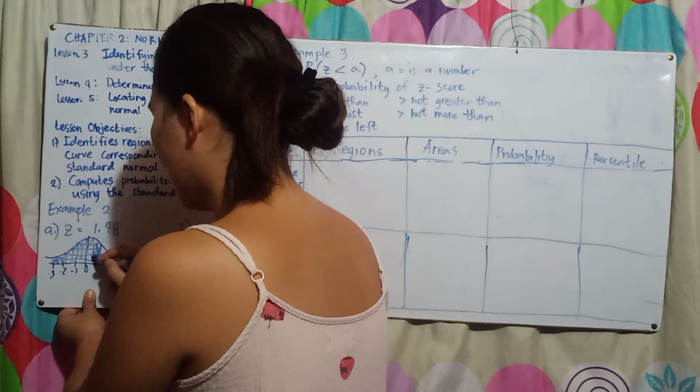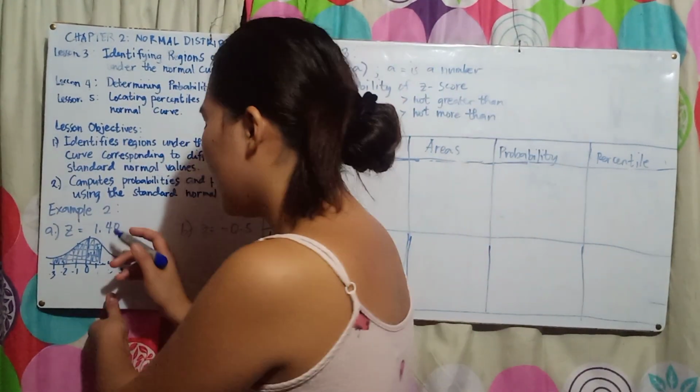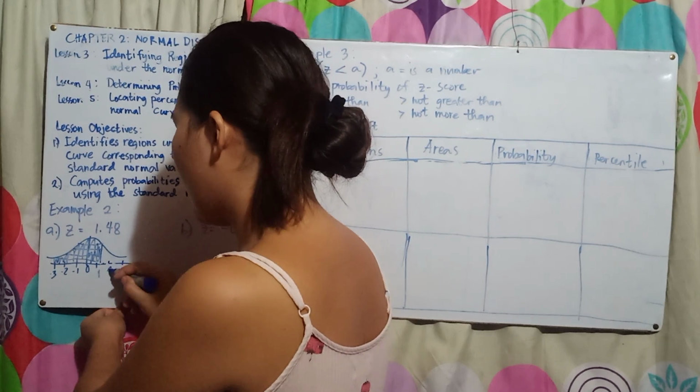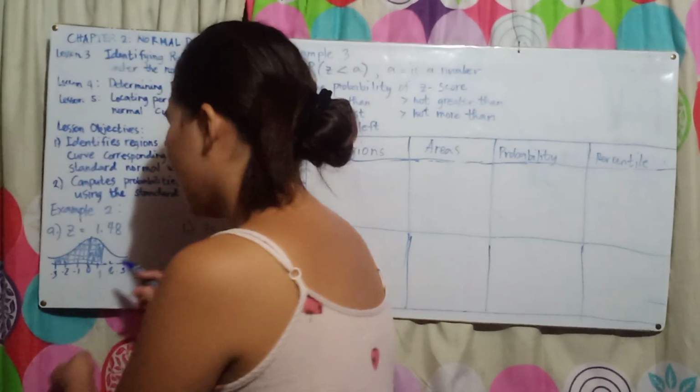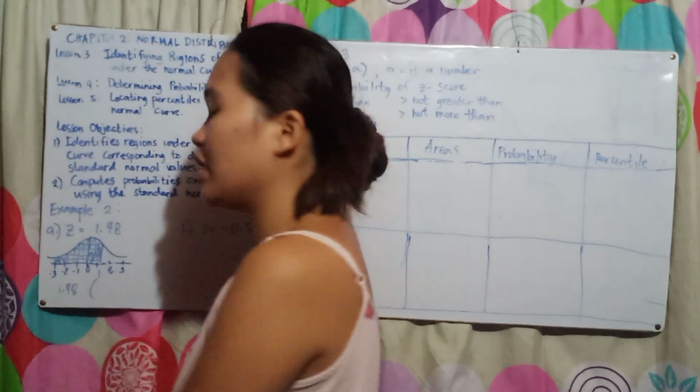Next is, let's identify the area of 1.48. Since the given is 1.48, we split it into 2.